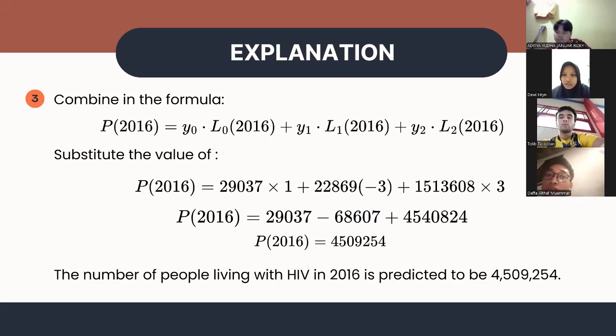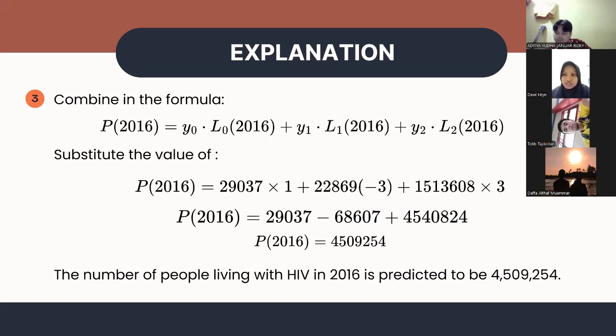Again, 29,037 minus 68,607 plus 4,540,824 is equal to 4,509,254.